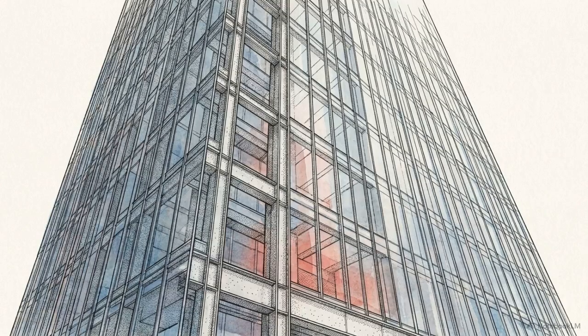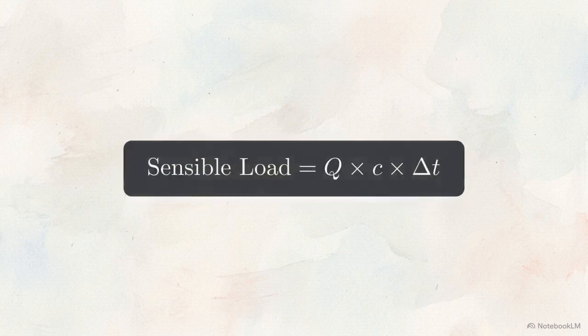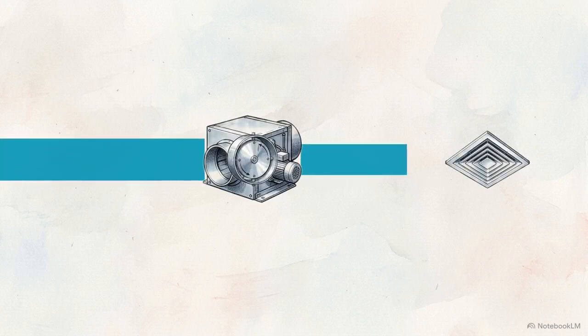The dominant strategy in modern commercial buildings moves away from constant volume entirely. This is the variable air volume, or VAV, system. VAV inverts the thermodynamic approach. Instead of altering the temperature, these systems hold the supply temperature constant and vary the physical air volume, delta Q, to meet the load. The central plant supplies a uniform stream of cold air.